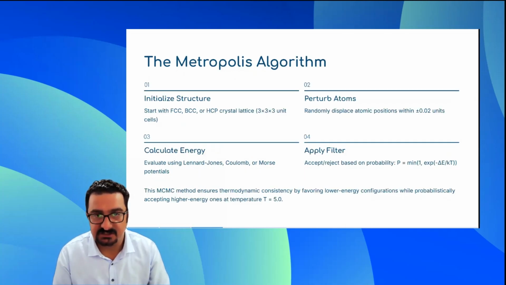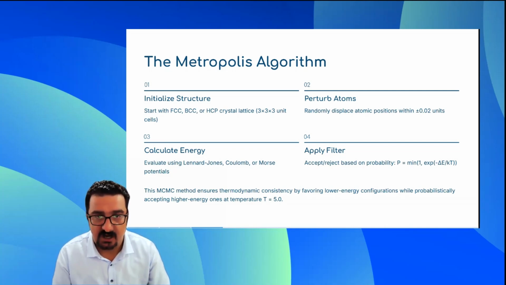Initial crystal structures such as face-centered cubic, body-centered cubic, and hexagonal close-packed are commonly used to represent the atomic arrangement in solid materials. A 3 by 3 by 3 unit cell configuration is selected to create a supercell large enough to capture local structural variations while remaining computationally efficient.